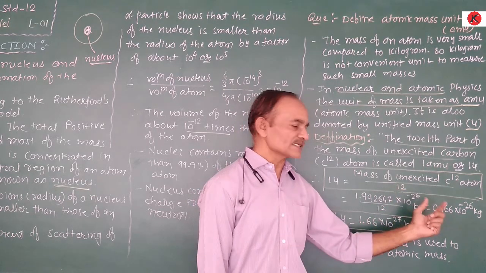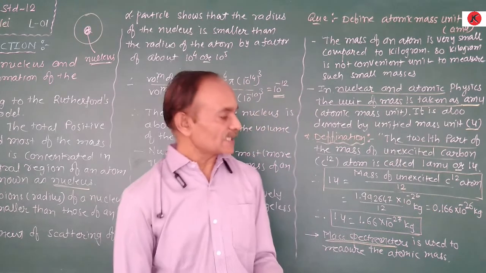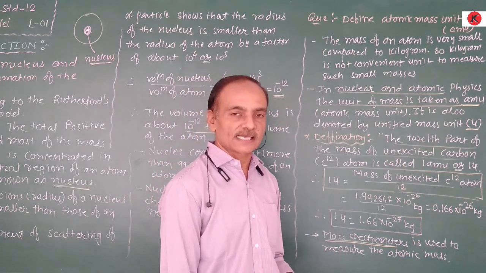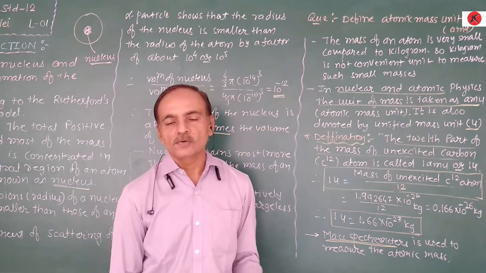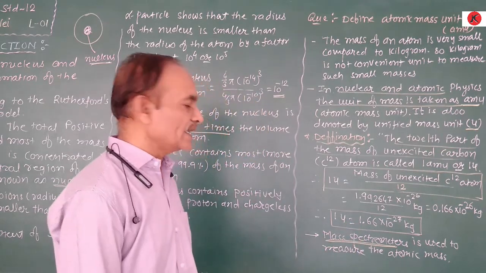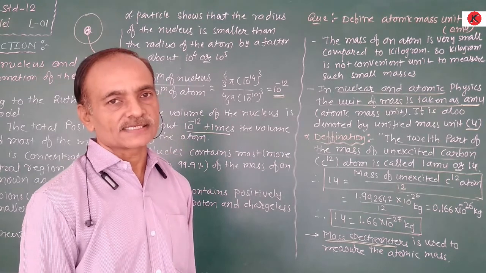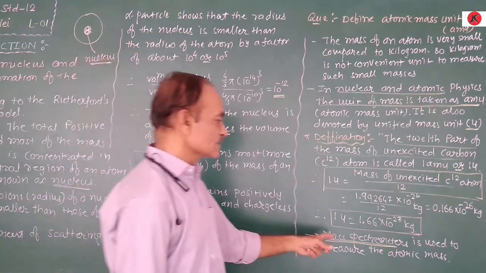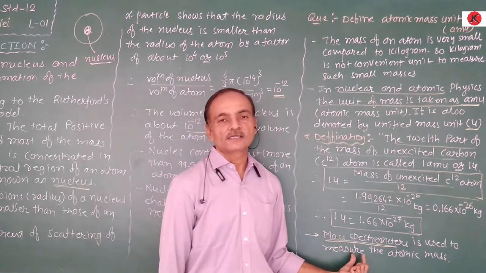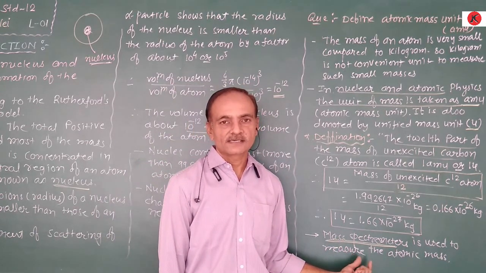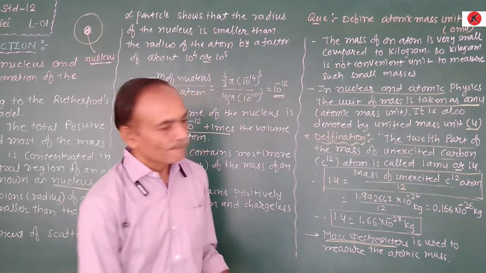After simplification, we obtain 0.166 into 10 raised to minus 26 kg. Therefore, one atomic mass unit is equal to 1.66 into 10 raised to minus 27 kg. The atomic mass of an atom is measured with the help of the mass spectrometer. Clear? Okay.